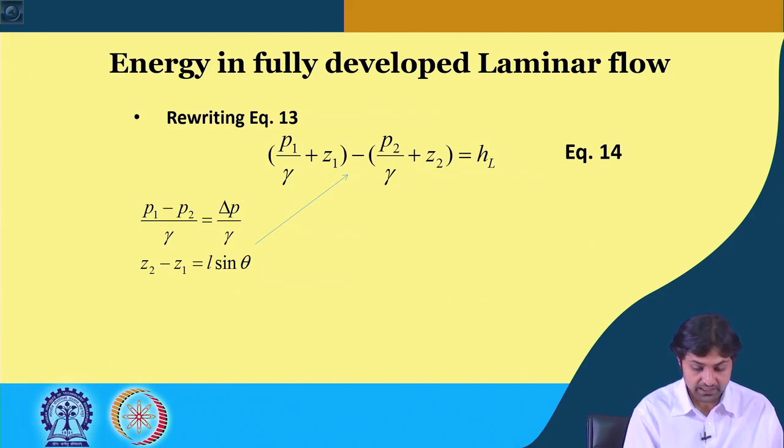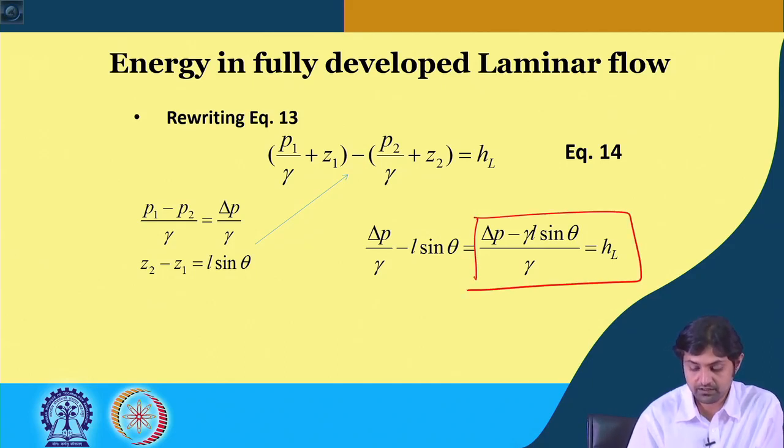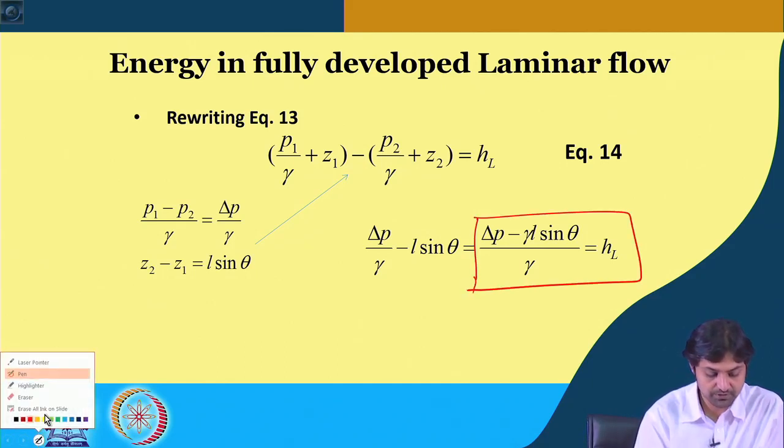And if we put that here, we are going to get delta P by gamma minus L sin theta is equal to head loss, or delta P minus gamma L sin theta by gamma is head loss, with this simple manipulation.